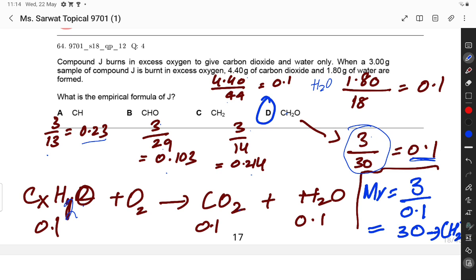So this is 3 grams divided by CH2O, 30, this is equal to 0.1. So this option is the correct option, D option, CH2O. You can check the rest of the chemical equations like this. If the answer is 0.1, then you can verify that these other 3 options are incorrect.